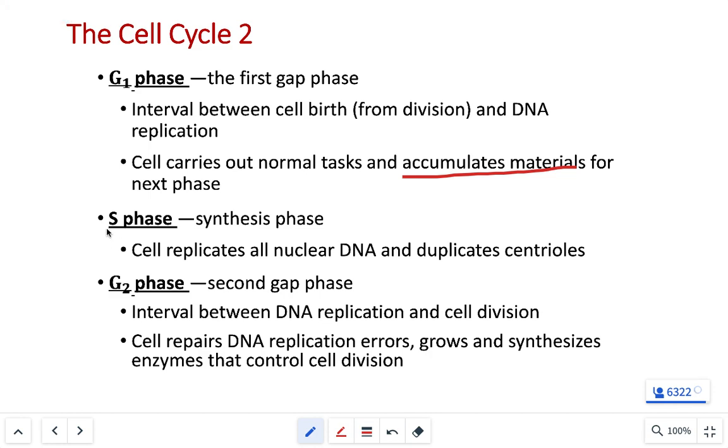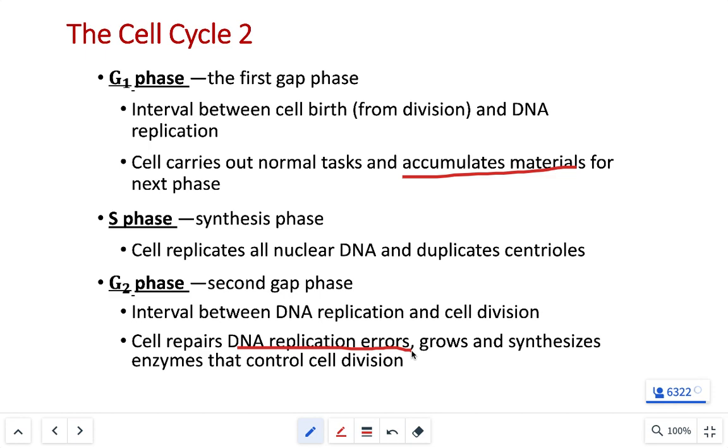And this second gap phase, class, is going to be a proofreading, a double-checking phase. So during the second gap phase, we correct any replication errors. Brand spanking new DNA is slightly different from older DNA. There's something called a methyl tag.